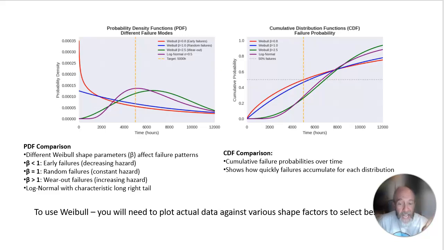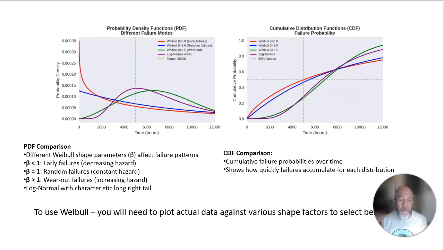This is just basically asking the computer to show you all the distributions, and then show the Weibull with different shape parameters, and then put the actual data that you've collected on the plot and look to see which of those parameters fits better.